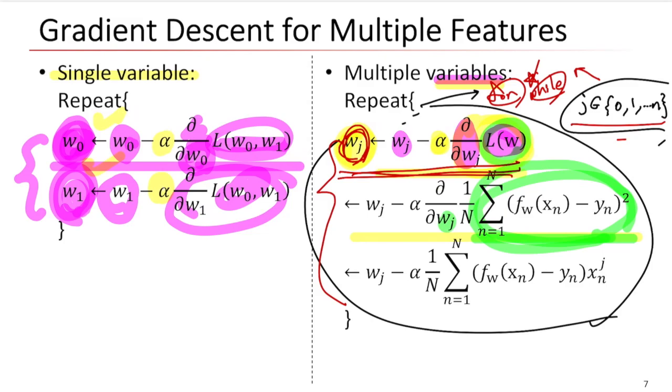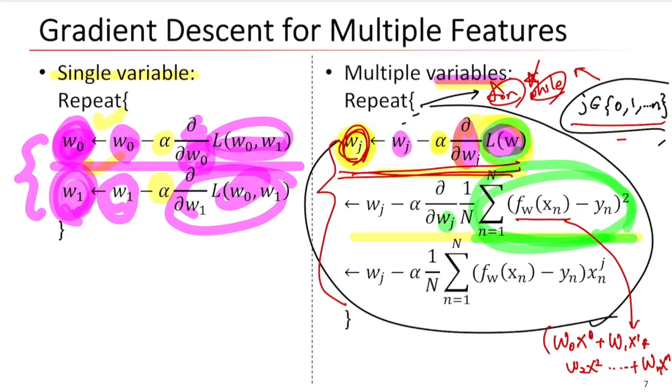How can we represent this? What was the mapping function? It was w0 x0 plus w1 x1 plus w2 x2 through wn xn, right?